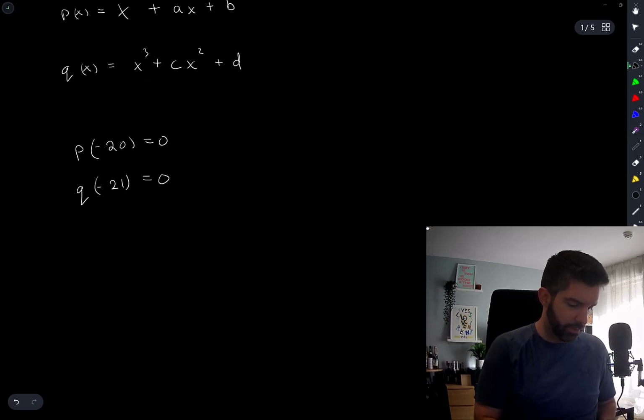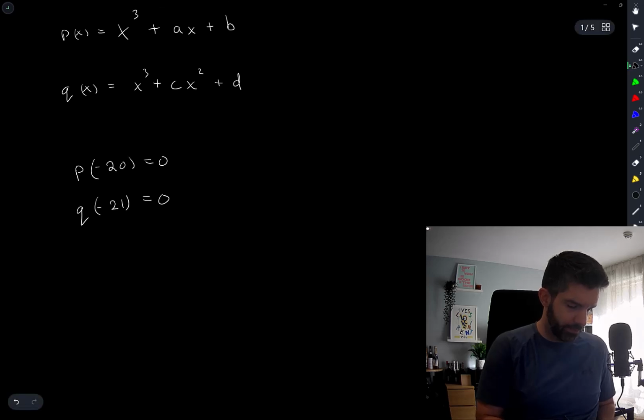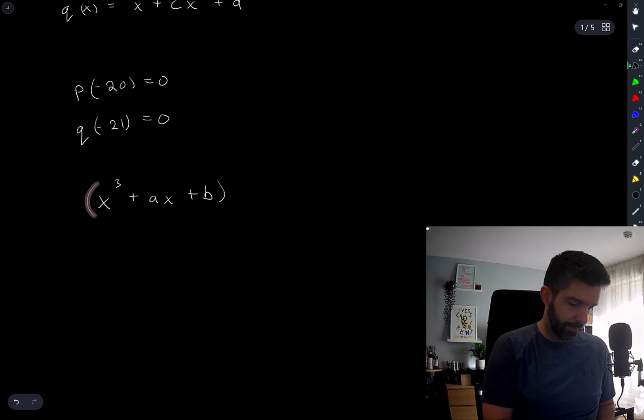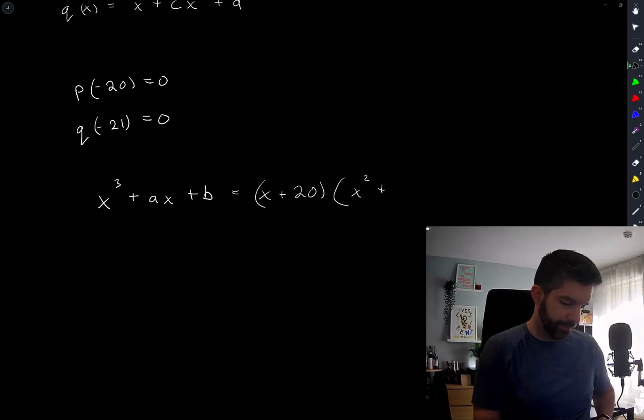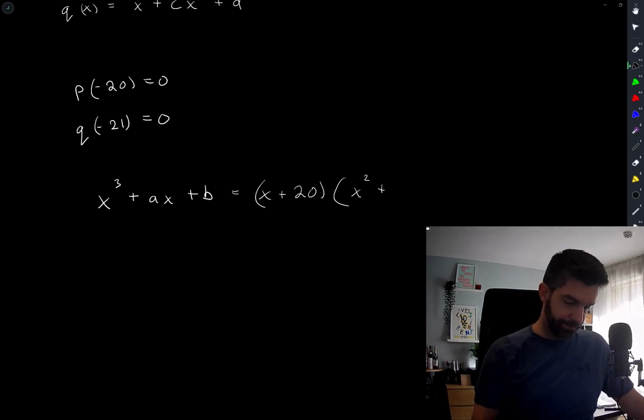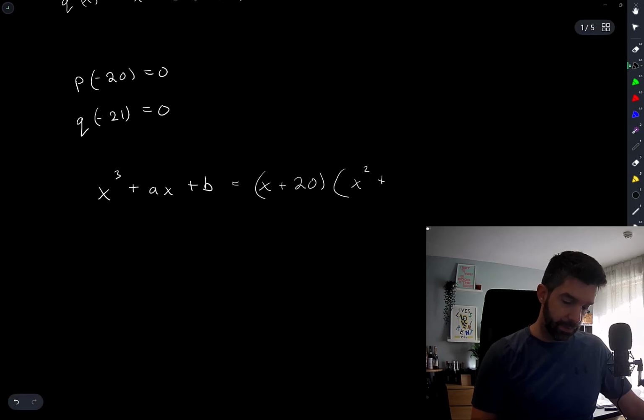Okay, let's take the first polynomial, x cubed plus ax plus b. So this is equal to x plus 20 times x squared plus, it's not going to be completely obvious what goes in here, but let's just use some more variable letters for a moment.